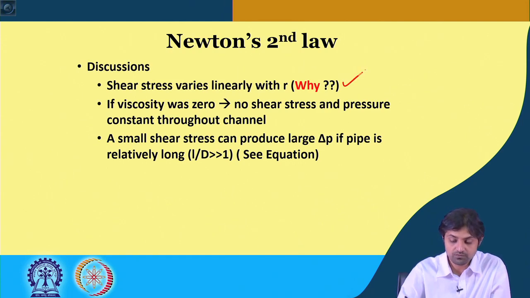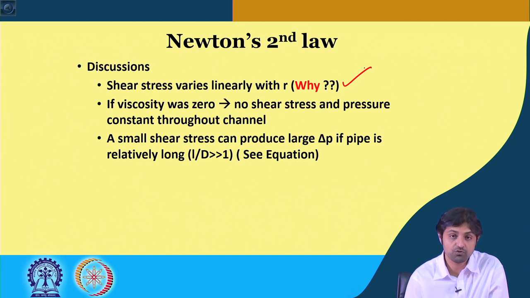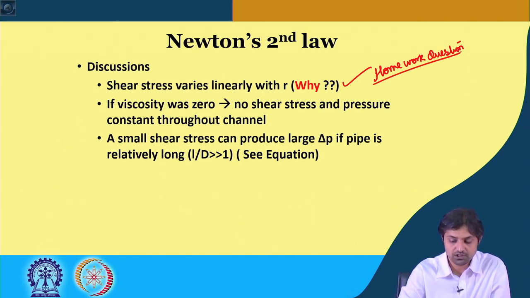This you have to know: why shear stress varies linearly with r. Of course, we have done the derivation, but you try to find out. So, take it as a homework question. All right.